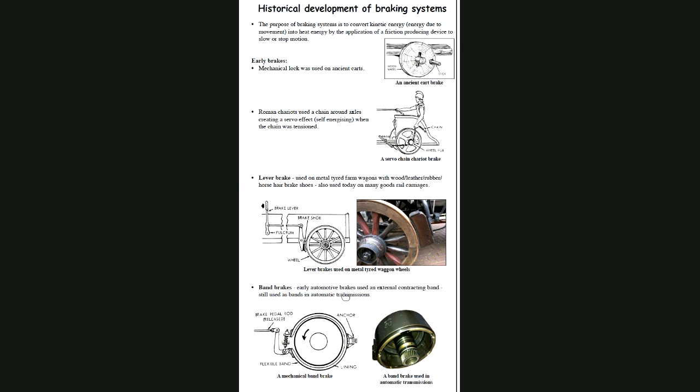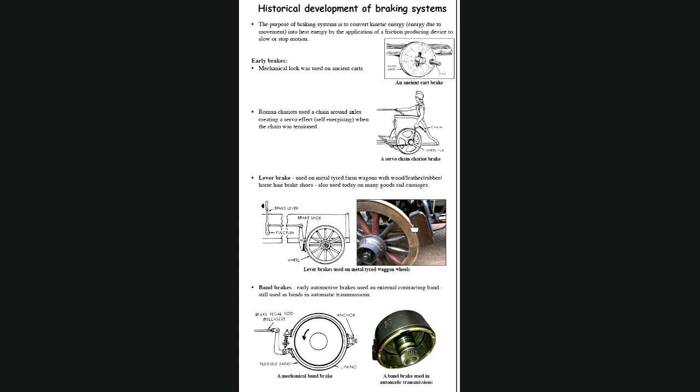Then band brakes were used because these sorts of brakes were subject to all the muck on the road. So when it goes through mud, and dirt and stones, the stones would come up and create havoc on the brake lining and wear the brake lining out fairly quickly.